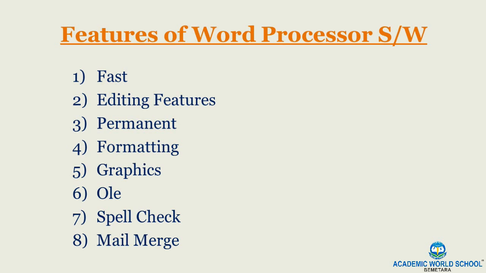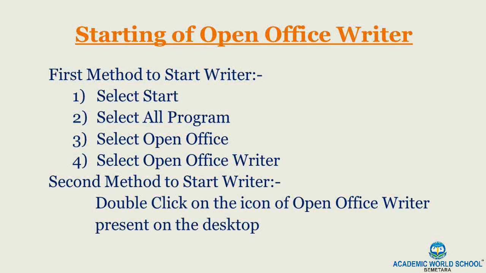All these different features make this word processor a very powerful software. So the next topic we are going to cover is how to start Open Office. There are different methods to start this. The first method is to select the start option present on the taskbar, then select all programs, then go to the Open Office option, and from there you can select Open Office Writer.